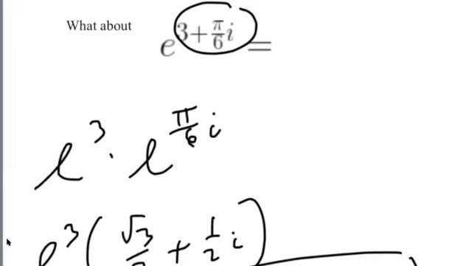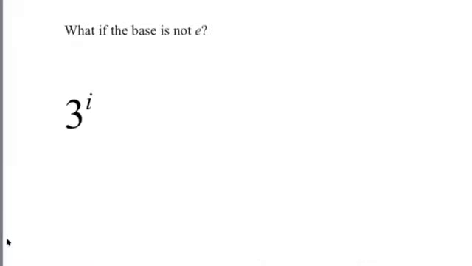What if the base is not e? Okay, some other number to the i power, like 3 to the i. Remember 3 to the i became cosine of 63 plus i sine of 63? What was that 63 degrees? It wasn't 1 radian. It was more than 1 radian.